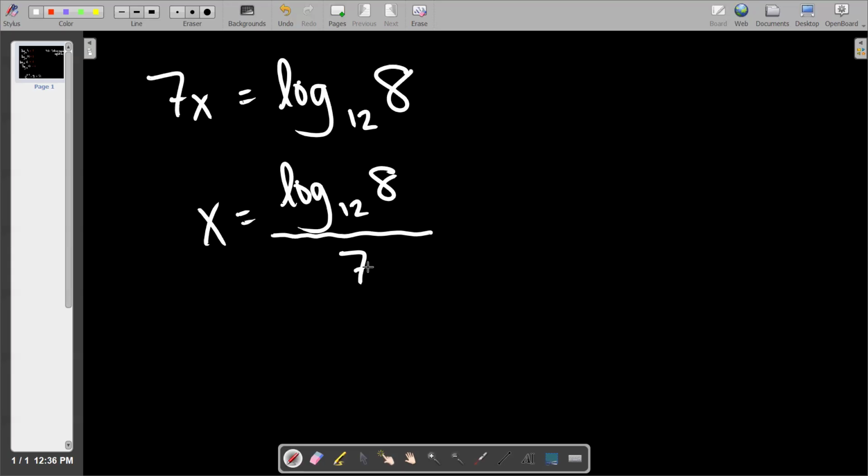Let's try doing a log. How do you do a log with a different base? Because I know your calculators will do it. We might have to go into the math menu. Yeah, log base.